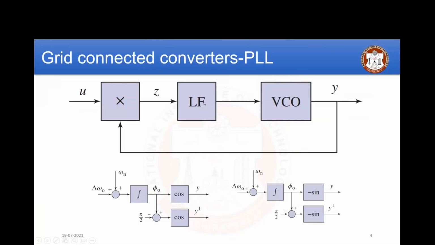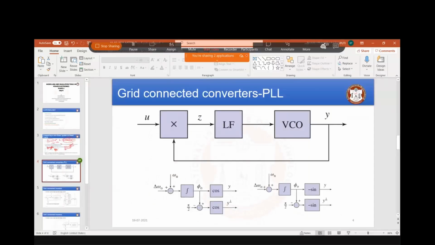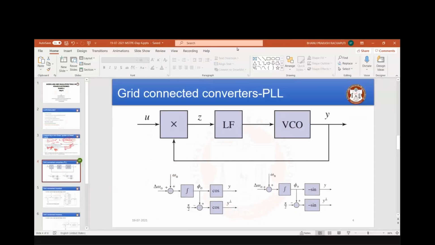Now, how do you find the transfer function? Let us see that. It's a very basic formula only. You have a simple 1 by s function. That is the only term you have.